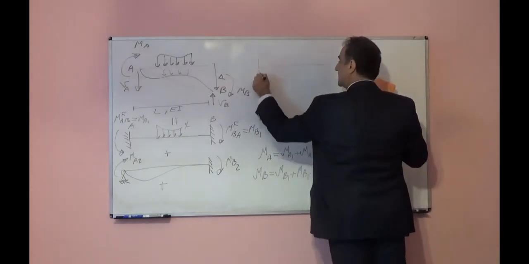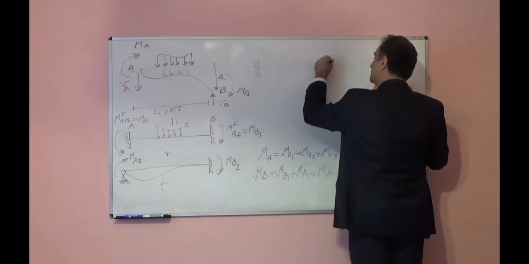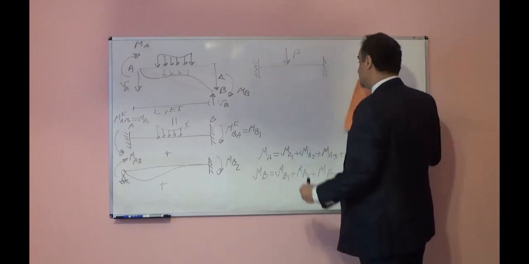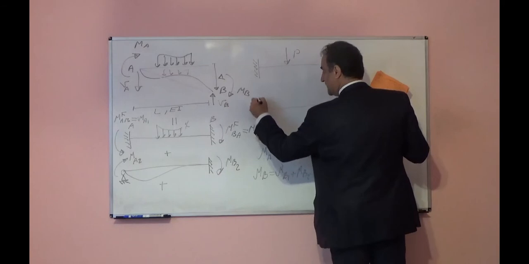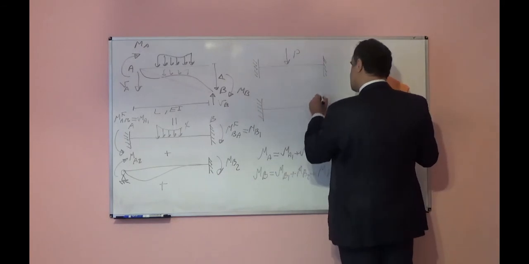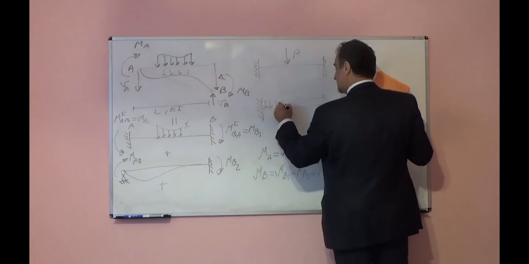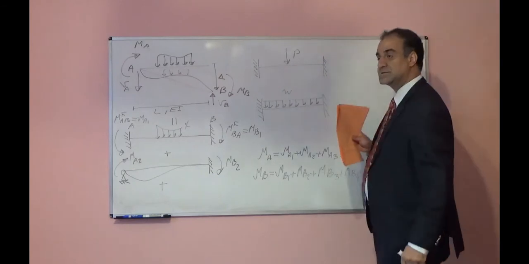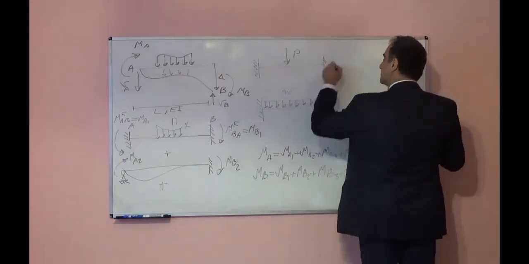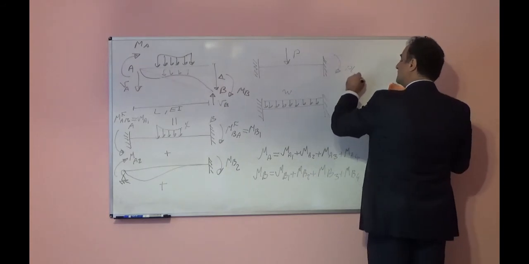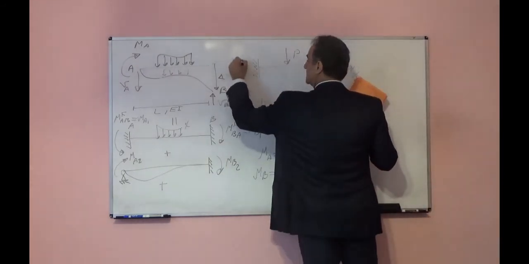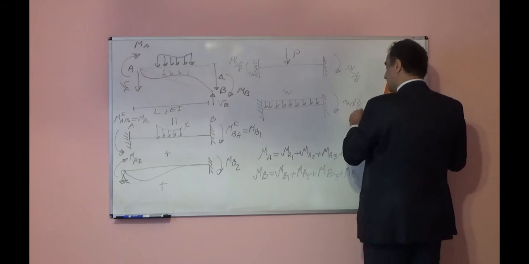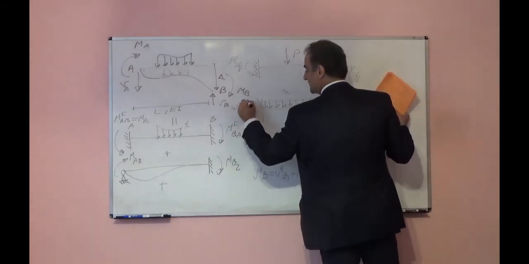For example, if we have a beam, both ends fixed, subjected to a concentrated load at middle, or we have a beam subjected to distributed load, a uniform distributed load. The intensity is W. Here the support reaction, for example, PL over 8, PL over 8, or here the support reaction will be W L squared over 12, W L squared over 12.